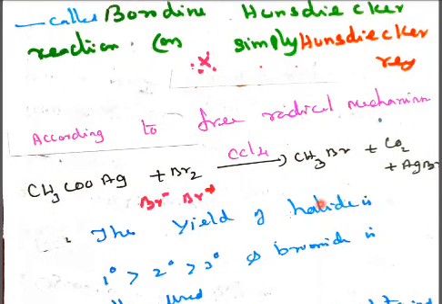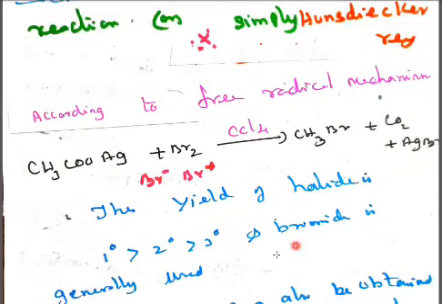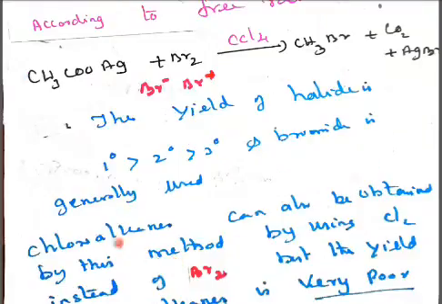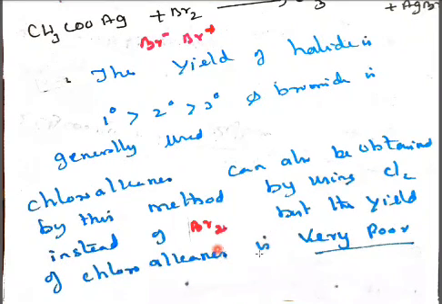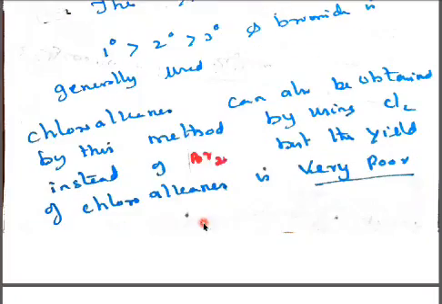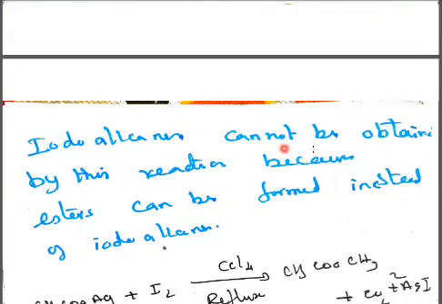The yield of halide is primary greater than secondary greater than tertiary, and bromine is generally used. Chloroalkanes can also be obtained using chlorine instead of bromine, but the yield is very poor. The maximum yield is only obtained with bromine. Iodoalkanes cannot be obtained by this, because esters are formed instead of iodoalkanes.